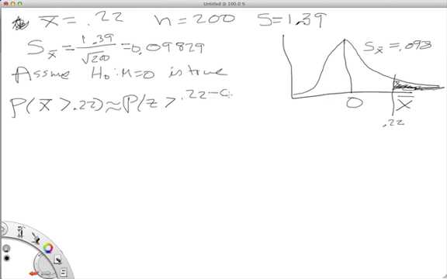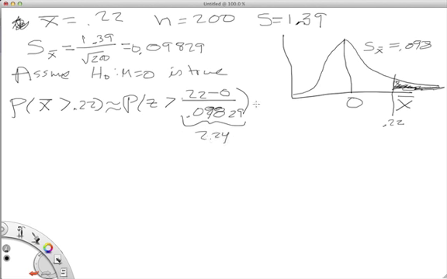What's the mean? We assumed it was 0. Dividing by the standard error, which is 0.09829. If you take out your pocket calculator, this is equal to 2.24, I believe.